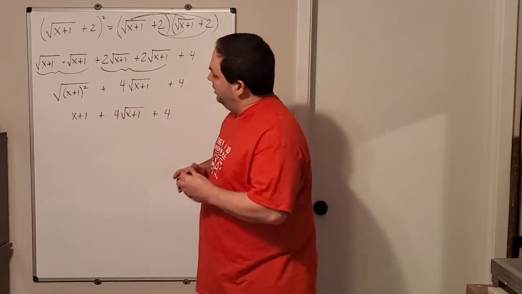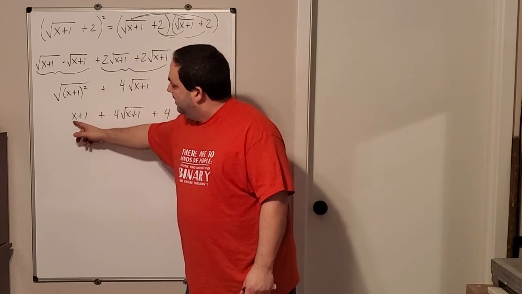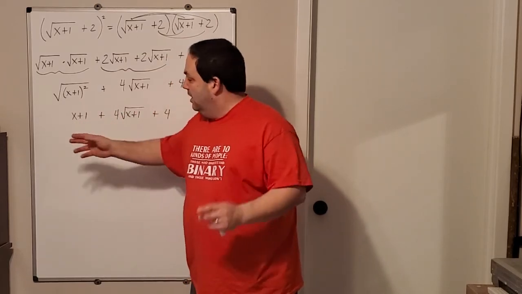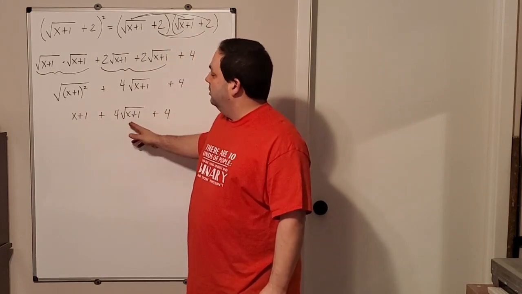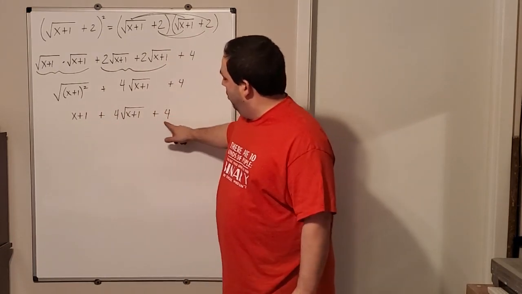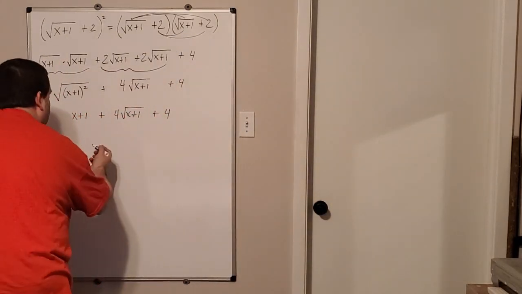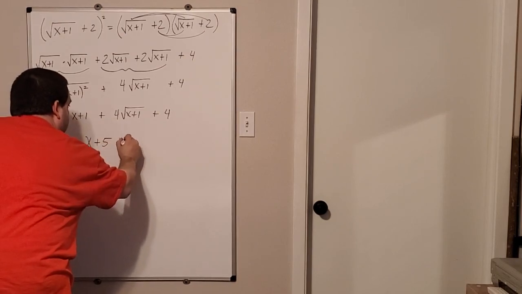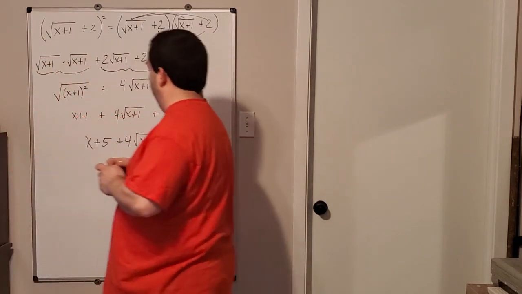And the thing to notice is now that the radical is gone from the x plus 1, the x and the 1 now technically count as separate terms. The x is not like terms with anything. The square root of x plus 1 is not like terms with anything. But the 1 and the 4 are like terms. Okay? So I'm finally left with here x plus 5 plus 4 square root of x plus 1. Okay?